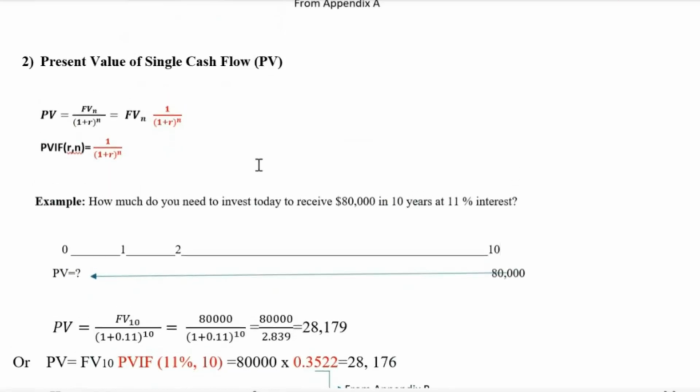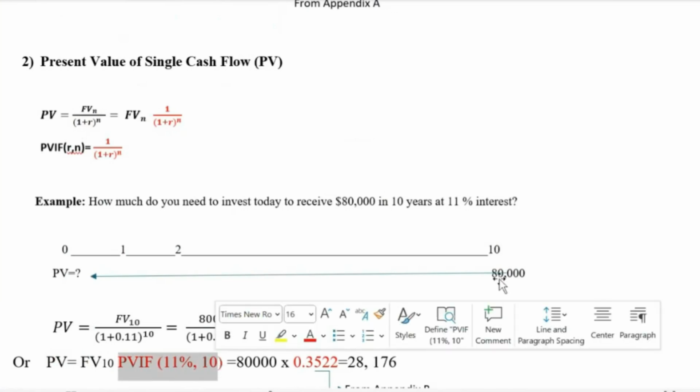We also can use the table to find the present value; you go to the present value interest factor. This is like an exchange rate. This time you exchange future dollars to today's equivalent amount.